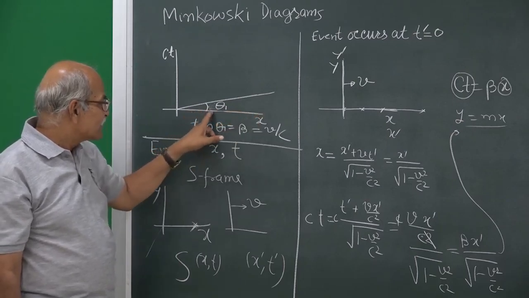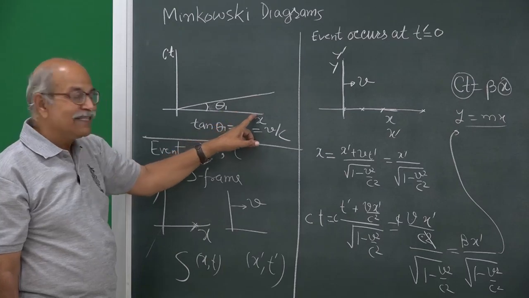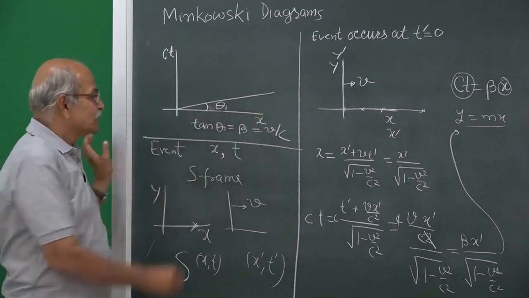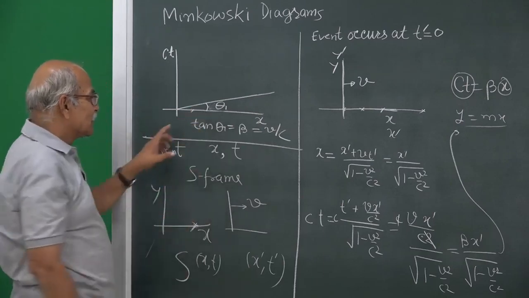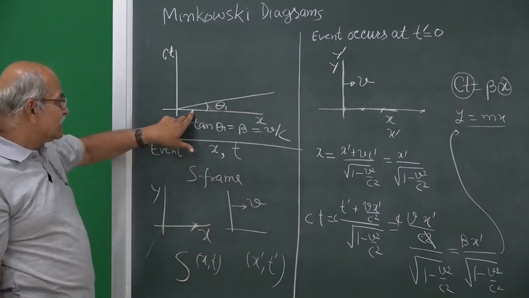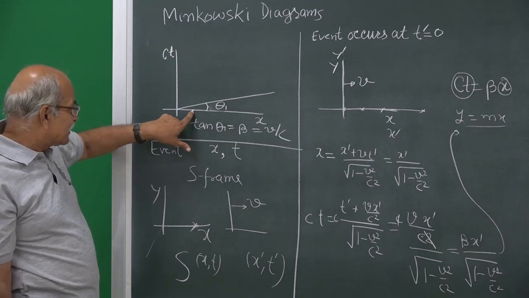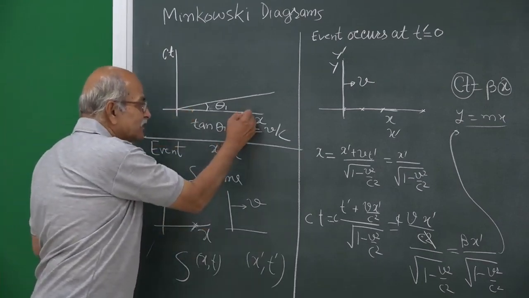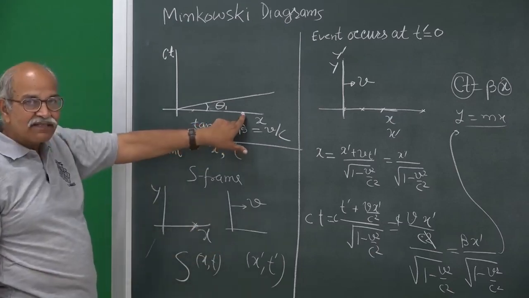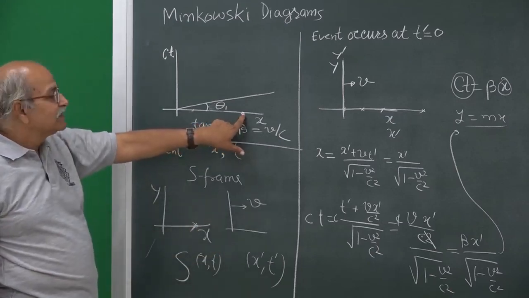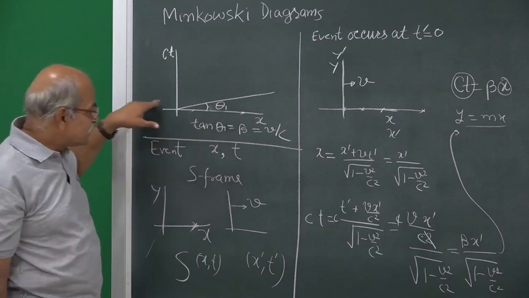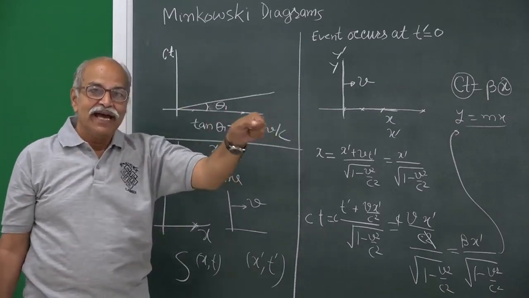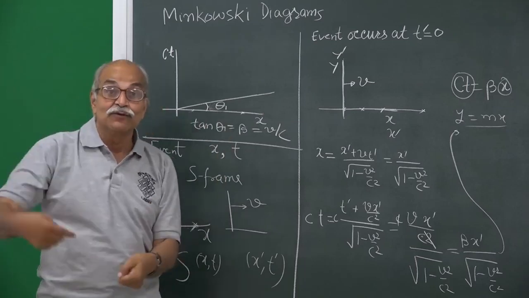All these events correspond to t equal to 0 and different values of x. What is the time of the event represented by this point? The time is 0. Suppose this point also represents an event. What is the time of that event? T equal to 0. So, this is the x axis. On the x axis, choose any point and the corresponding event will have t equal to 0.